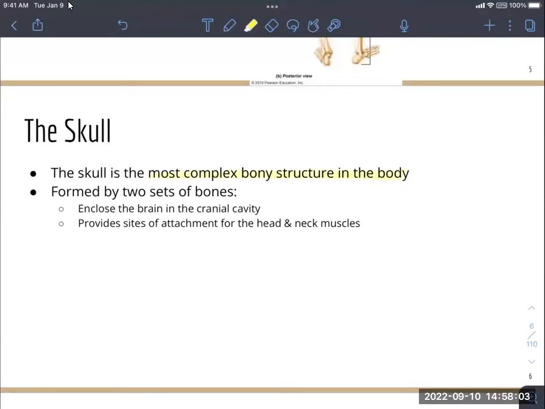It really is. It houses your brain. Nerves come out of it. Blood vessels go in and out. It has your eyes, your mouth, your ears, your nose. It's got to house all of that. But it also provides attachment sites for muscles for your head and your neck. Those are also important. They'll let your head move around.